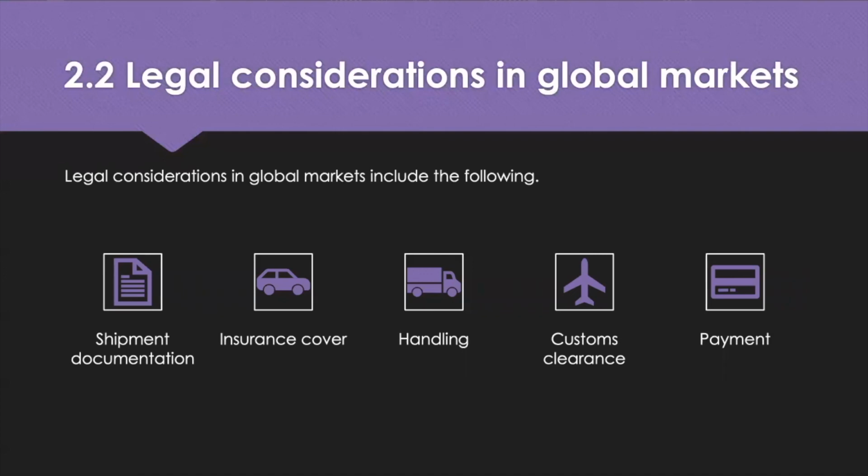Trade blocs and free trade areas like the Australia and Indonesia agreement and single markets like the European Union have lent themselves to free movement of goods and people, which means there are no customs examination processes and no cross-border controls. Legal considerations in global markets include the shipment documentation, which varies significantly depending on the mode of transport used, the nature of the cargo being shipped, and specific practices in a particular line of international trade.